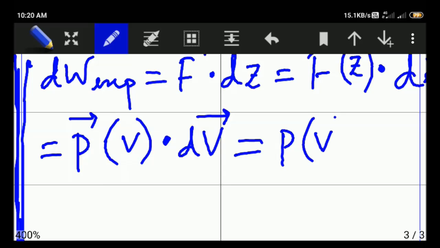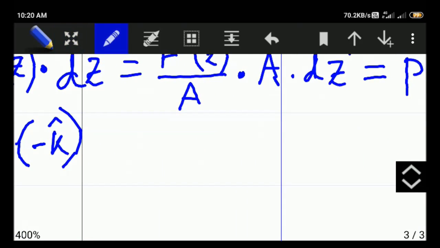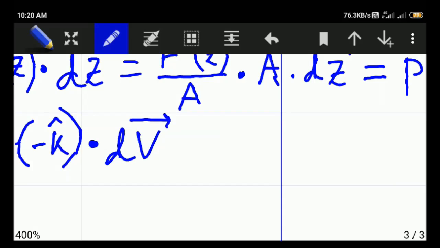I know the direction of pressure and the direction of the force will also be the same. So I write the vector P(V) as the magnitude of pressure times the direction of the pressure, that is minus k, dot the dV vector. Now dV vector is equal to A into the vector dz.